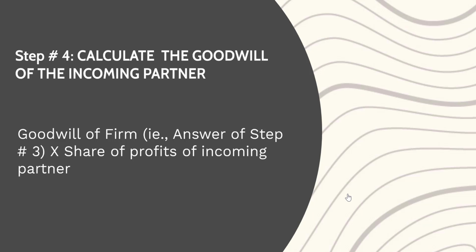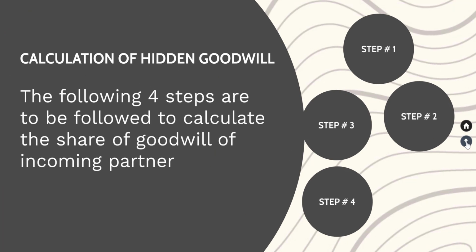For this, we will take the goodwill of the firm, that is the answer which we arrived at in step 3, and multiply this amount with the share of profits of the incoming partner. So after following these 4 steps, we will be able to calculate the share of goodwill of the incoming partner.